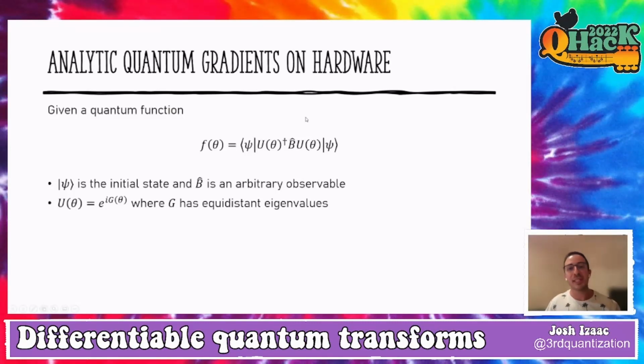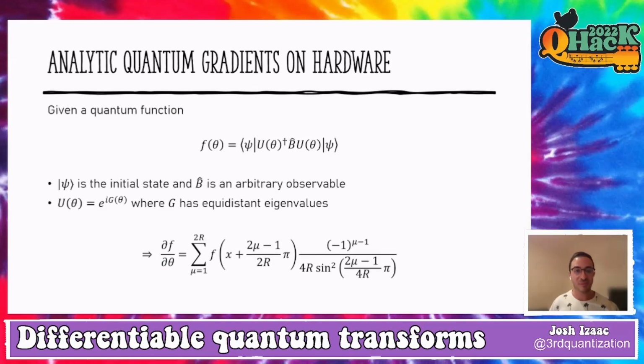So a really neat result that we've helped to develop here at Xanadu and also built directly into PennyLane is that if you have a quantum function where the parameterized quantum instructions inside your quantum function, applied on the quantum device, can be written in this form, the exponential of a generator, where that generator has equidistant eigenvalues, then there's this neat result called the parameter shift rule.